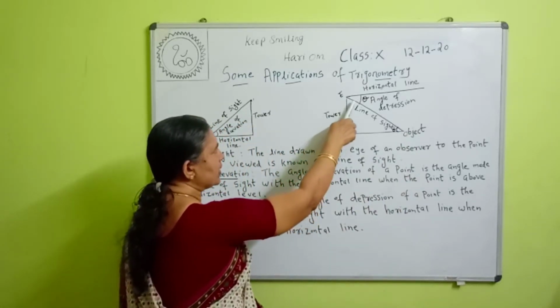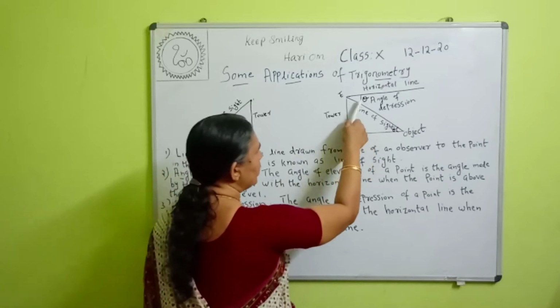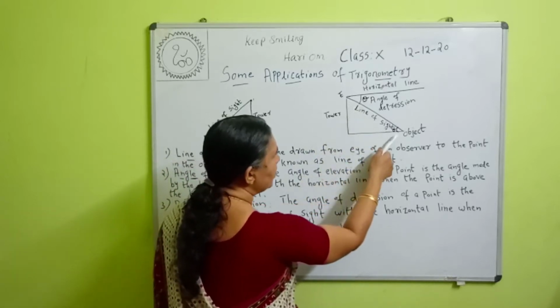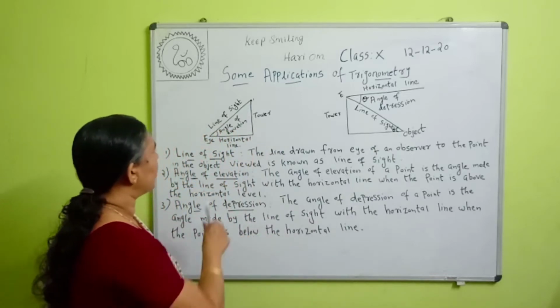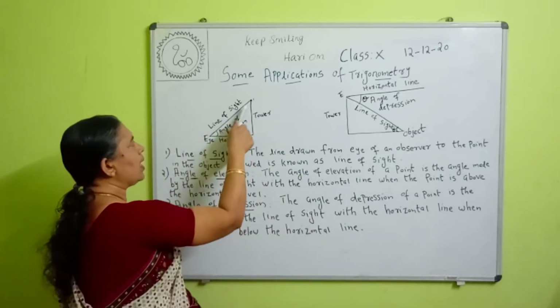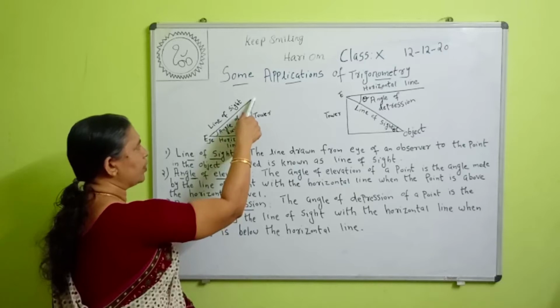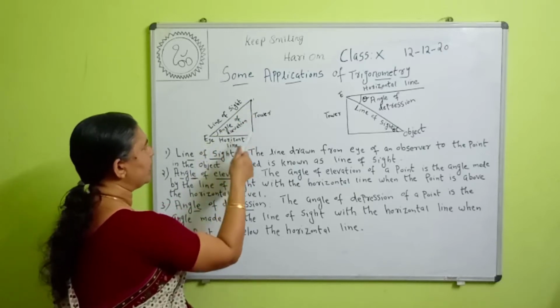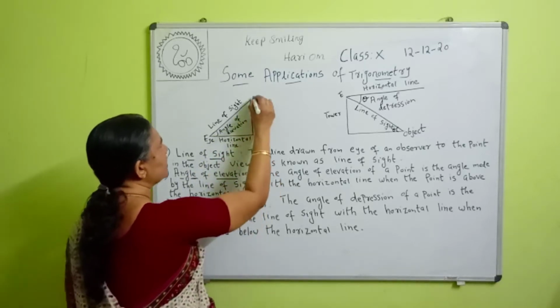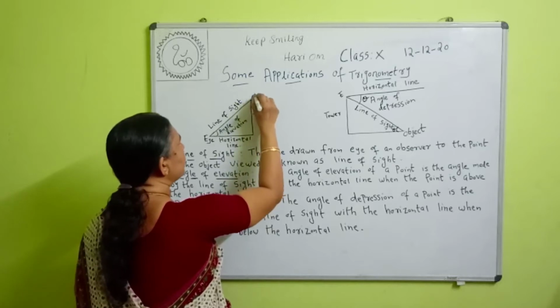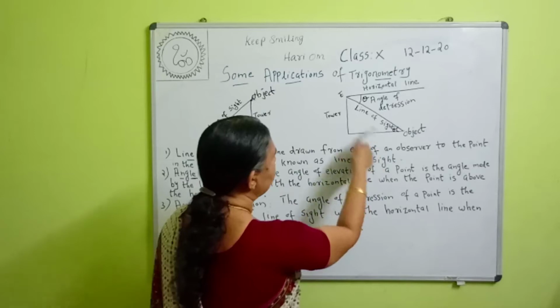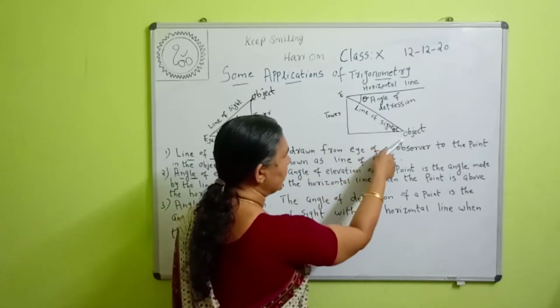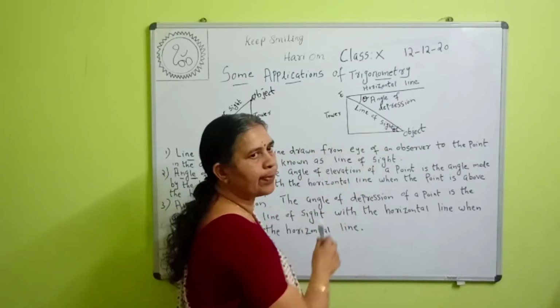If this angle is given as 30 degrees, then this angle is also 30 degrees. If the person is looking at an object above, then it is the angle of elevation. If he is looking at an object down on the ground, then it is the angle of depression.